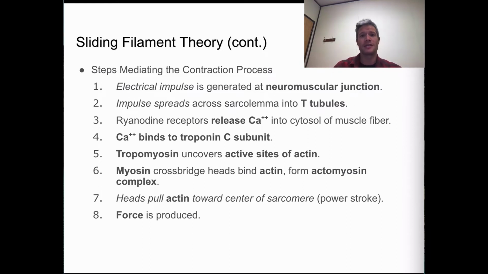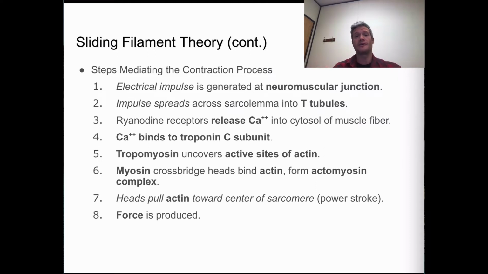What will happen here is the myosin, so now we're talking about the thick filament with those globular heads or the big paddles, can now attach to actin. When tropomyosin moved back, there are now little active sites where myosin can bind to actin.